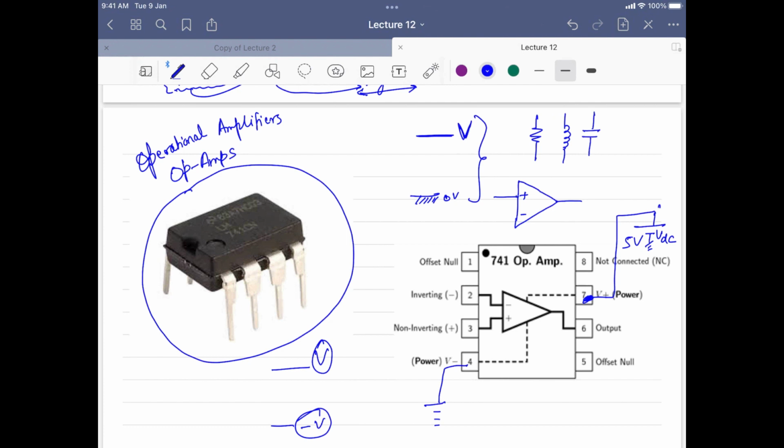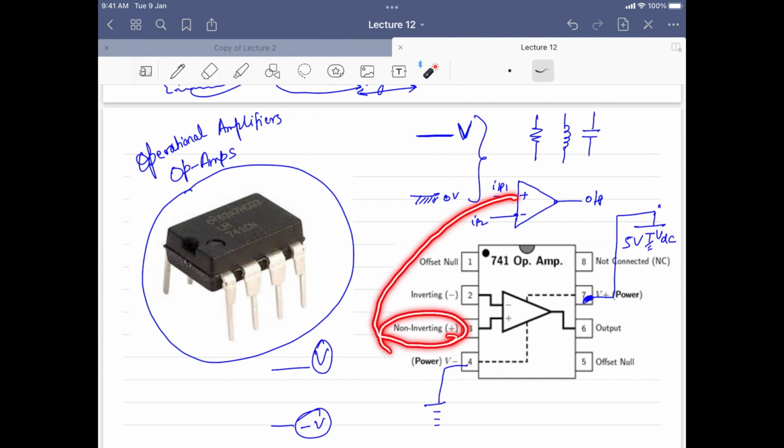So this is first input, this is the second input, input 2, this is input 1, and this is the output, which is actually the 6th pin, and the plus terminal which I am writing here corresponds to the non-inverting terminal, the 3rd pin, and the minus corresponds to the second input, which is the inverting terminal, given by the 2nd pin in this particular pin diagram.